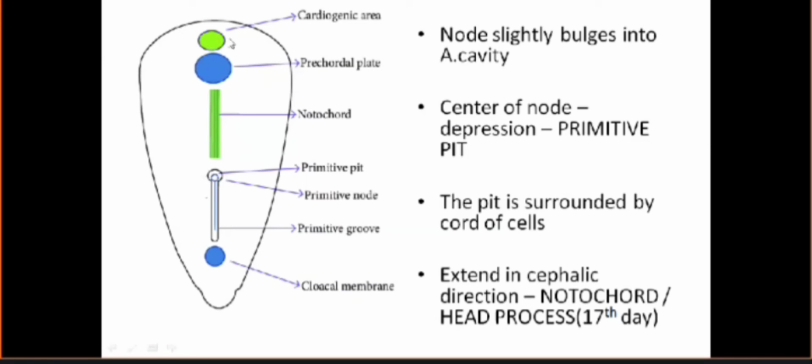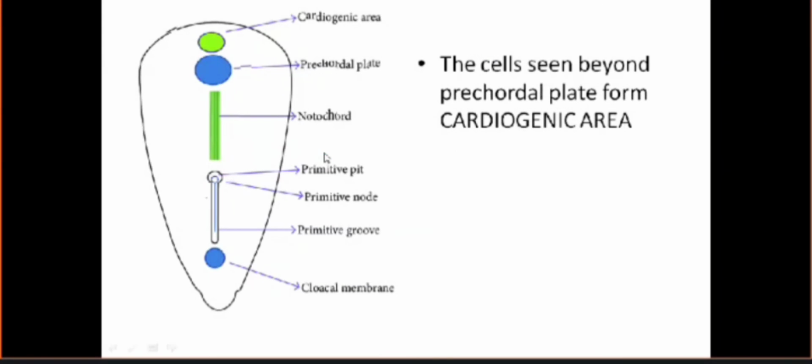From this cardiogenic area, the CVS develops further. In the caudal direction below the primitive streak, we see the cloacal membrane. As I already said, the cells seen beyond the precaudal plate form the cardiogenic area, from which the CVS develops in the future.